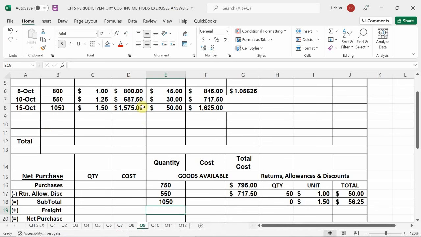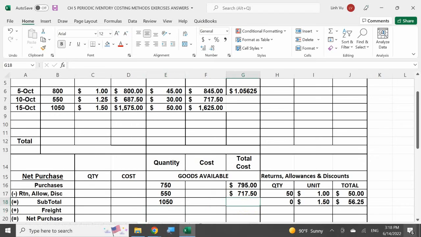Okay? So in this case, we accepted it and we said, okay, we'll accept your 25% discount. So in this case, we're only getting discounted off of those 150 items, but we're not returning any of the items. So in this case, we still have that 1050, okay?